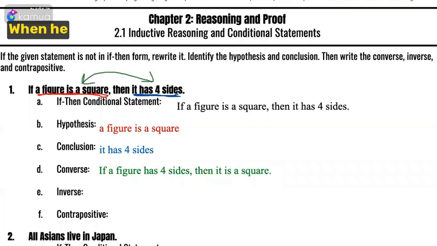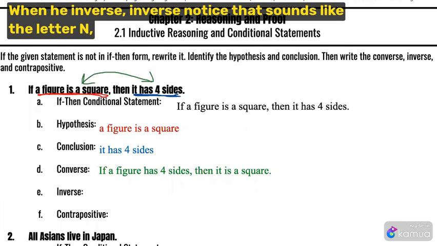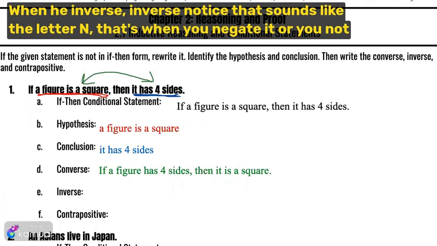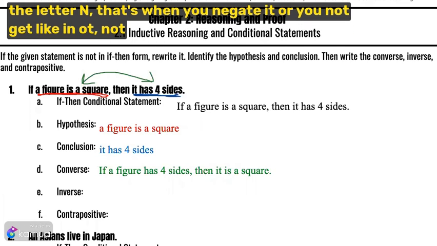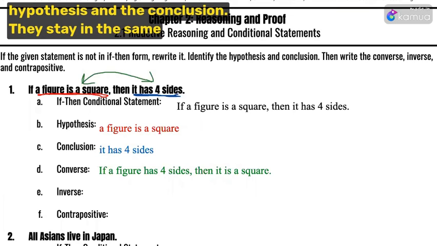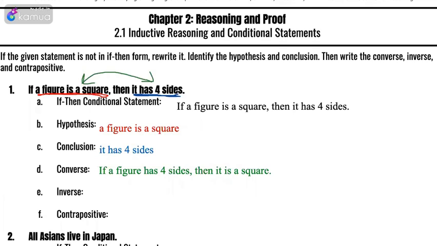For the inverse, notice that sounds like the letter N. That's when you negate it or you not it, like N-O-T, not. So you do the opposite of the hypothesis and the conclusion. They stay in the same order, you just do the opposite of what it means.